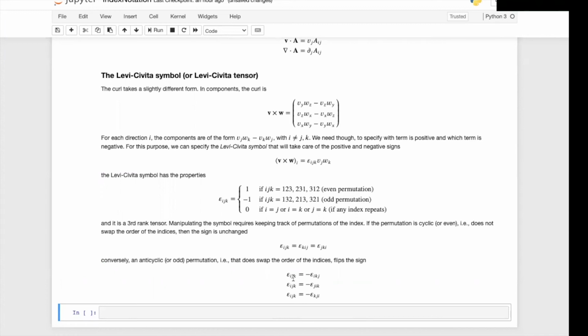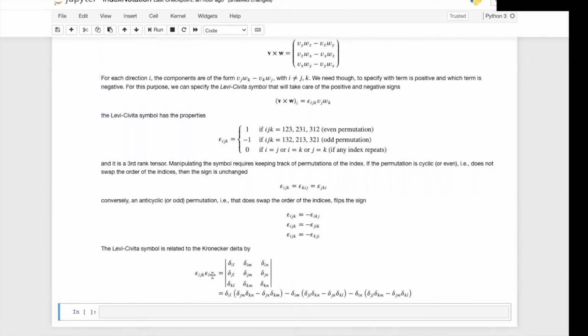If you flip k and j, you would have 1, 3, 2. So that's minus 1. You have to flip the sign. Again, if you flip j and i, the sign would change. Or if you flip k and i, then the sign would also change. It's an odd permutation.